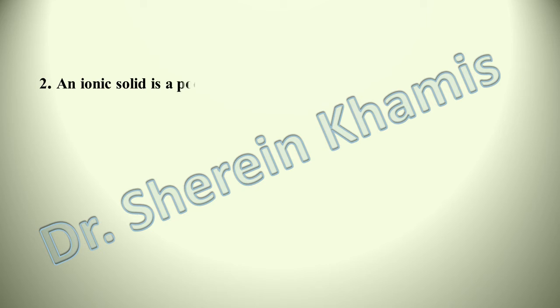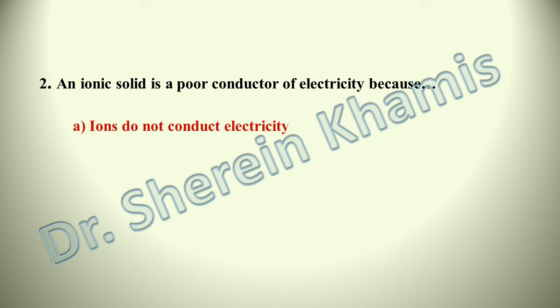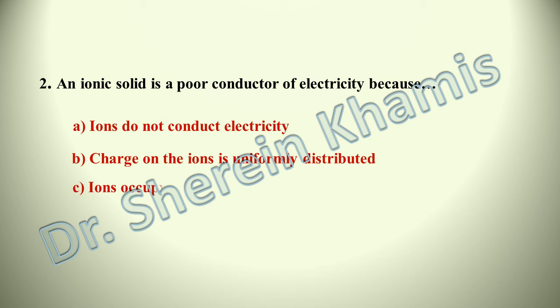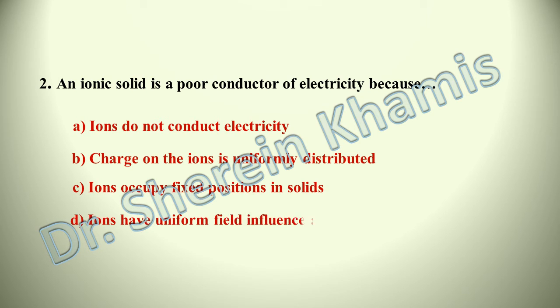Question number 2 says that an ionic solid is a poor conductor of electricity because: first, ions don't conduct electricity; second, charge on the ions is uniformly distributed; third, ions occupy fixed positions in the solid; fourth, ions have a uniform field influence around them.